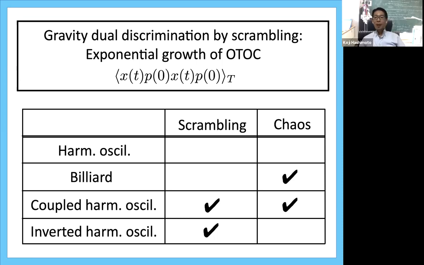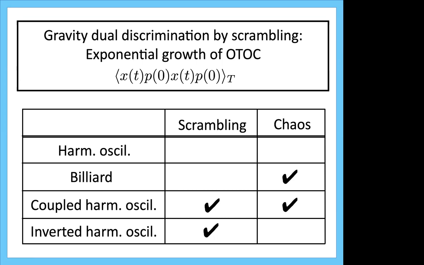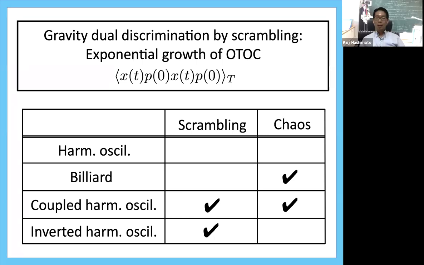Sure. If you change the boundary condition so that, for example, you allow a time-dependent boundary condition, like kicking with some random sequence, then of course chaos will show up. However, here I just mean a fixed boundary condition, like a hard wall or a soft wall, and I put a one-dimensional inverted harmonic oscillator in it.